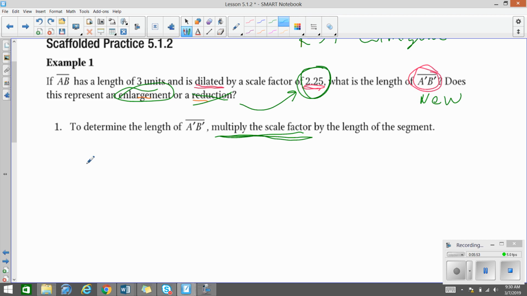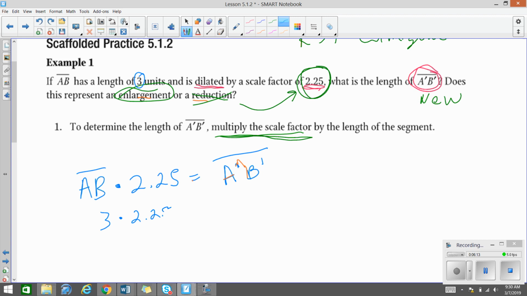So you go AB, and if you multiply it by your scale factor of 2.25, you're going to get A prime, B prime. AB's length is 3, so we're going to go 3 times 2.25.